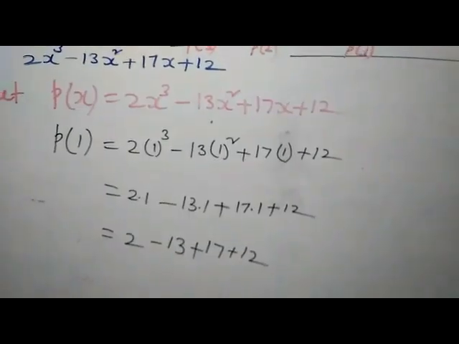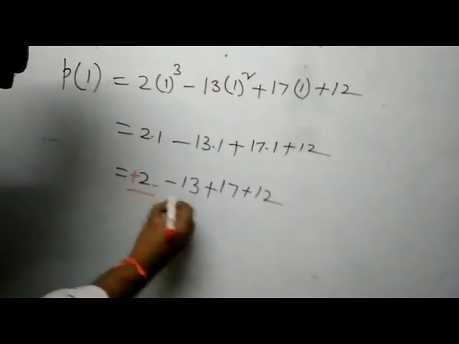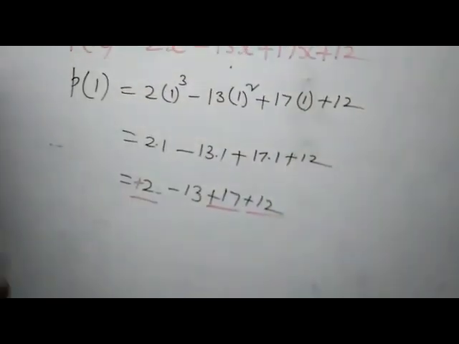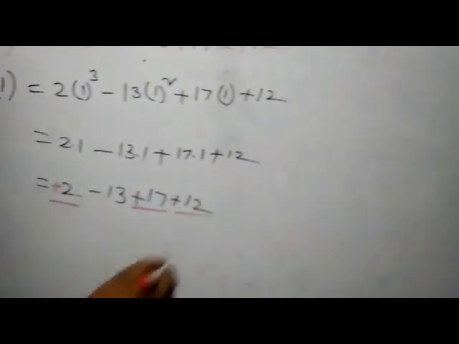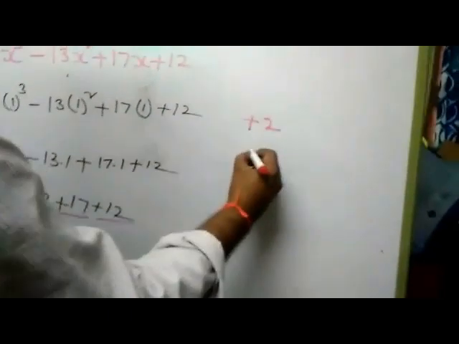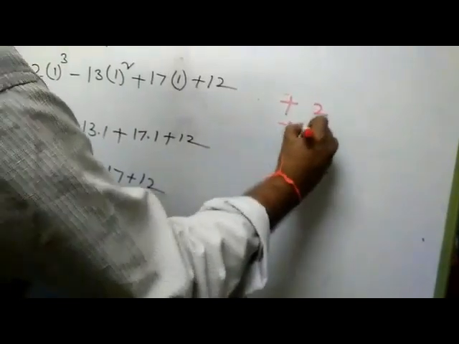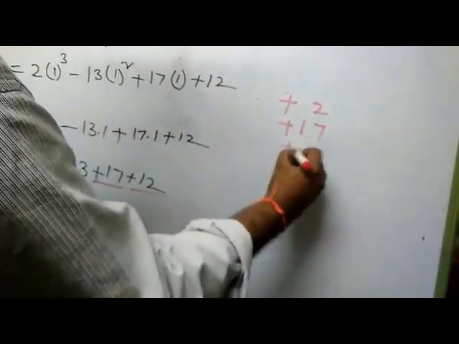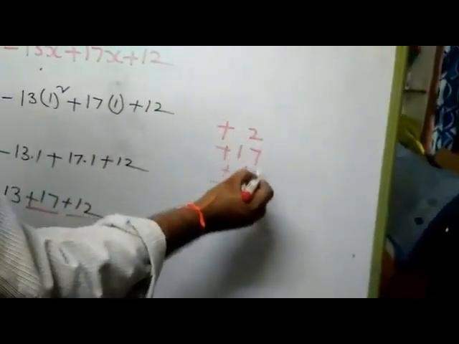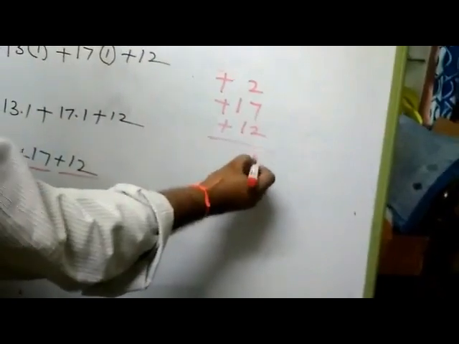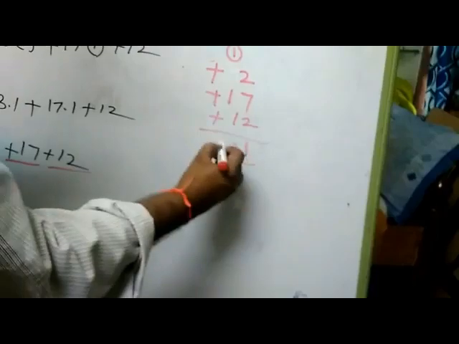Here also carefully add plus 2, plus 17, and plus 12 first. 17 plus 2 is 19, 9 plus 2 is 11, carry over 1, 1 plus 1 plus 1 is 3.